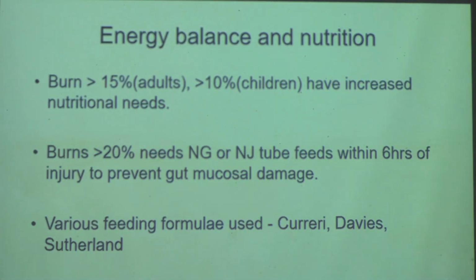Okay. So now nutrition, just an overview, it's important. We start nutrition in 15% burn area in adults and in more than 10% area in children. In burns in which there is more than 20% burn area, you do something called a nasogastric or nasojejunal tube.